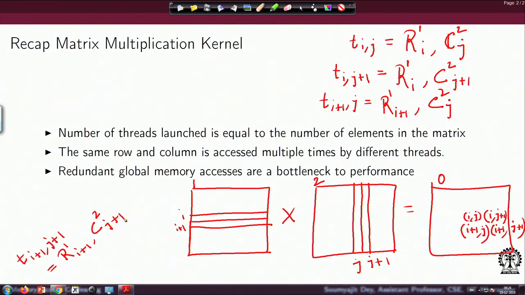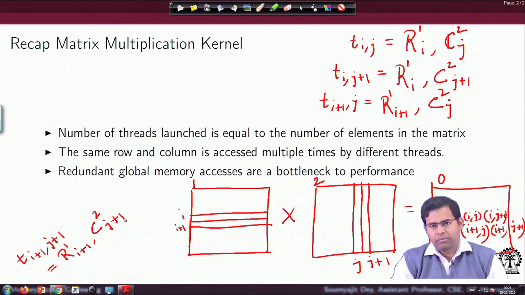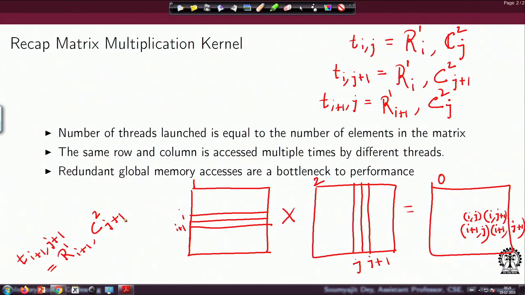Now, see what is really happening. What is the total number of rows and columns that we have accessed for computing these 4 elements? We have accessed 2 rows and 2 columns, but as you can see there is a lot of common access.